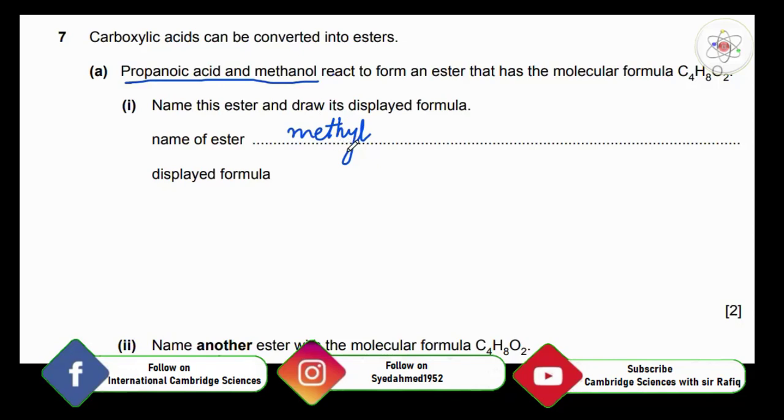And in propanoic acid, hydrogen is removed and the methyl group takes the place of the hydrogen. So when hydrogen is removed from the carboxylic acid, it is called carboxylate in general, and specifically for propanoic acid it will become propanoate, right? So this is how we can write the name of an ester. Methyl propanoate will be the name.